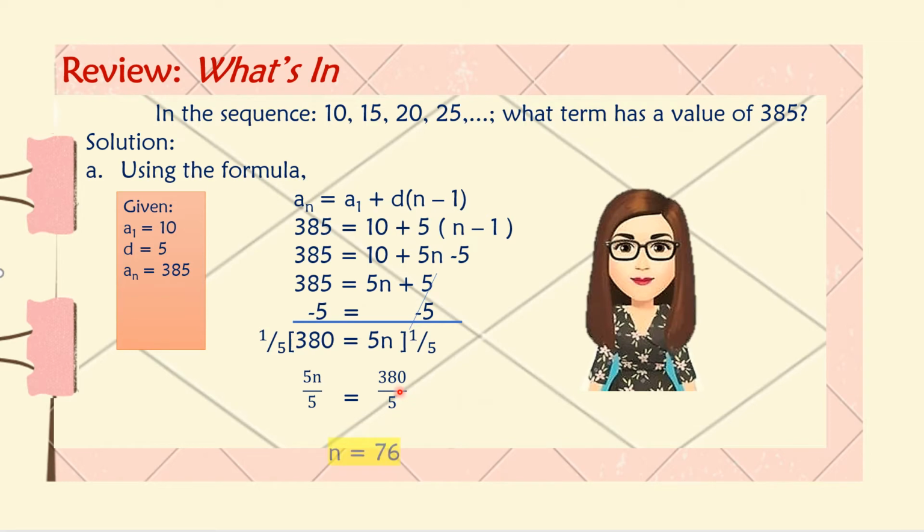Then 380 divided by 5 is 76. So, the value of n is 76. Ibig sabihin, kung itutuloy-tuloy natin tong sequence na to, pang 76 term si 385.